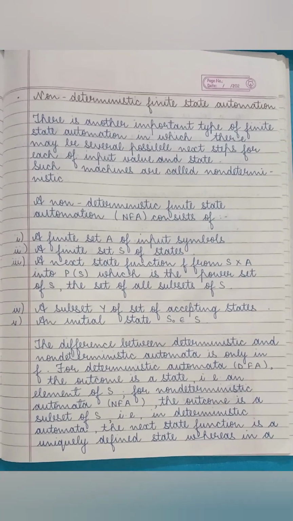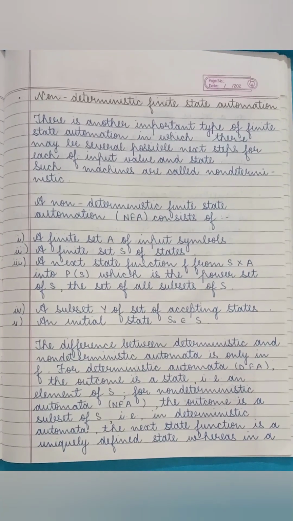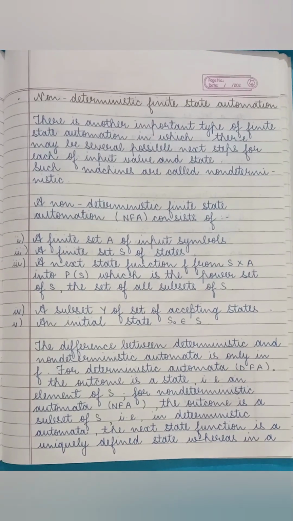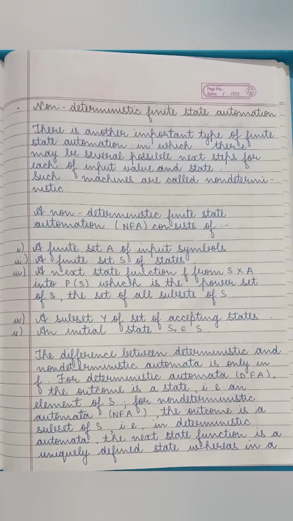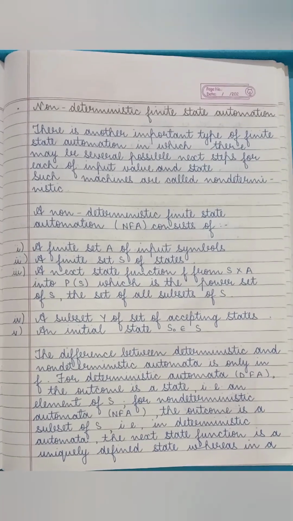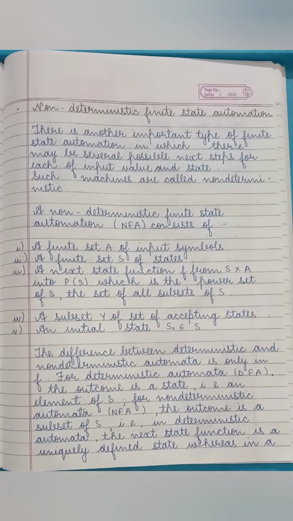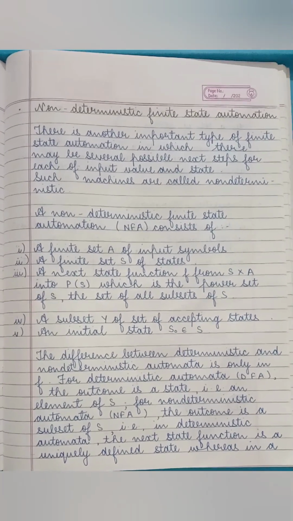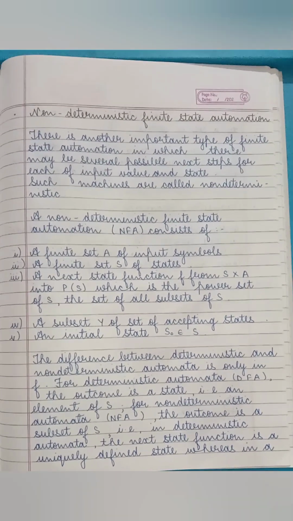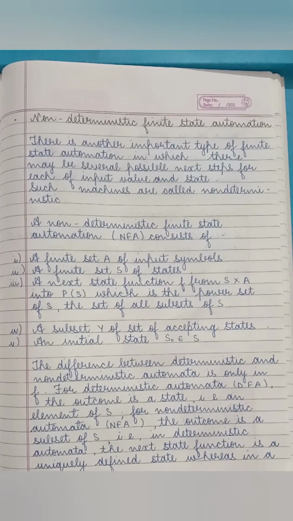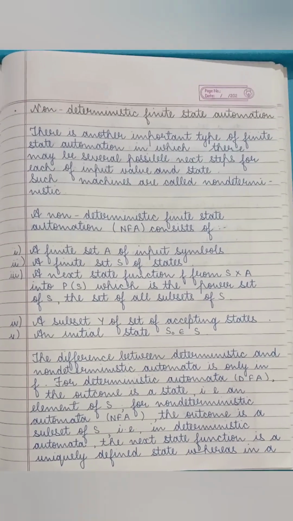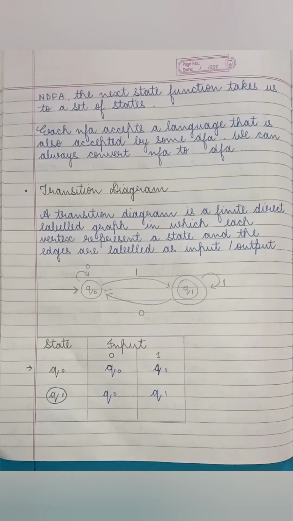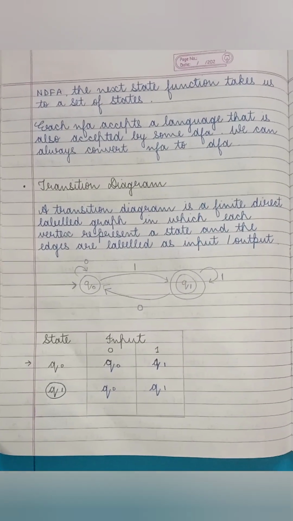The main difference between deterministic and non-deterministic automata is only in f. For deterministic automata DFA, the outcome is a state, that is an element of S, whereas for non-deterministic automata NFA, the outcome is a subset of S. That is, in deterministic automata, the next state function is a uniquely defined state, whereas in non-deterministic automata NFA, the next state function takes us to a set of states.